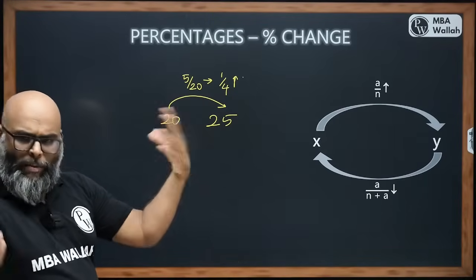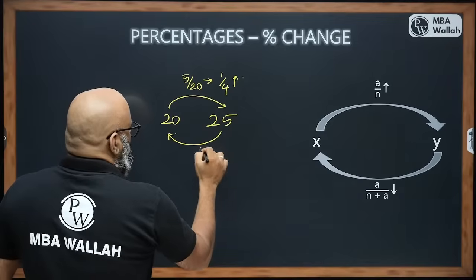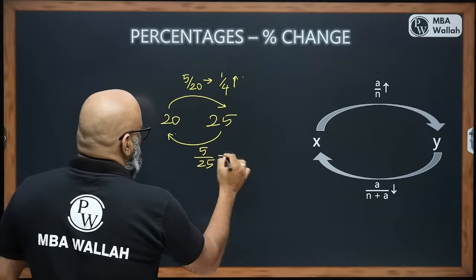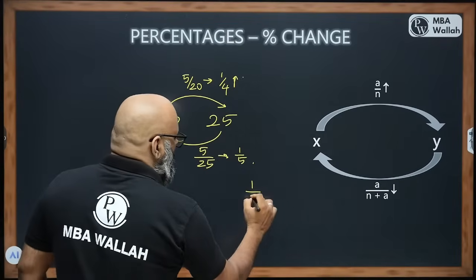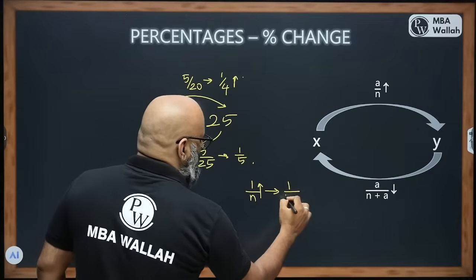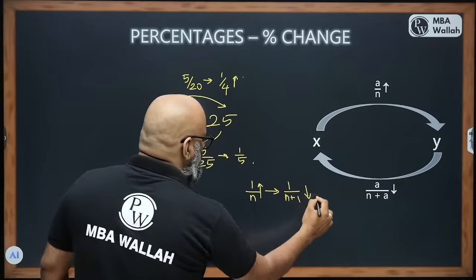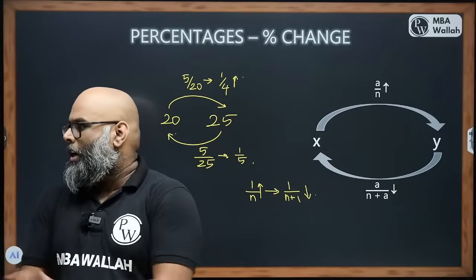Or call it 5 by 20 itself, that's not a problem. When you come back, that's 5 by 25, which I can write as 1 by 5. A 1 by 4 increase gave me a 1 by 5 decrease. 1 by 4, 1 by 5. Any doubts?